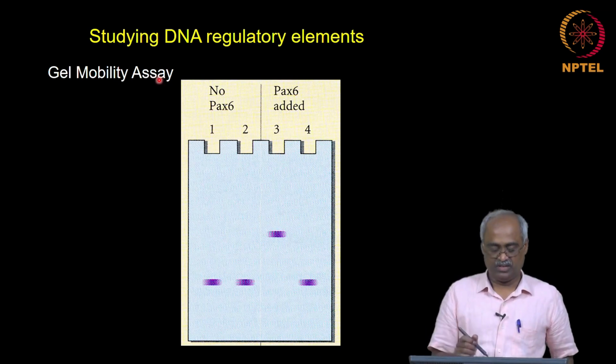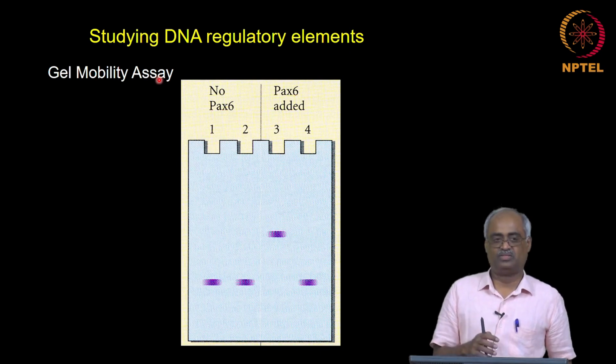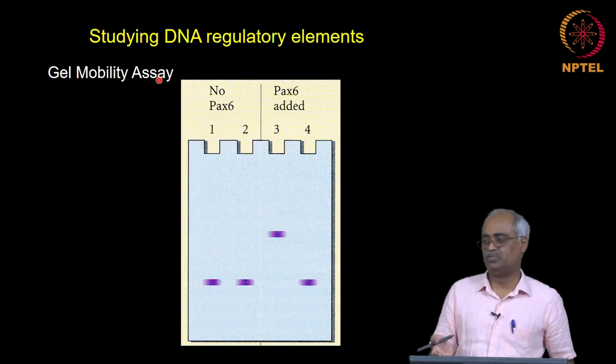So, this is a very commonly used assay. People use it for multiple contexts where you want to test nucleic acid protein interaction. Okay. So, right now we are looking at DNA protein interaction to find out the promoter elements that may be involved in interacting with a specific transcription factor.